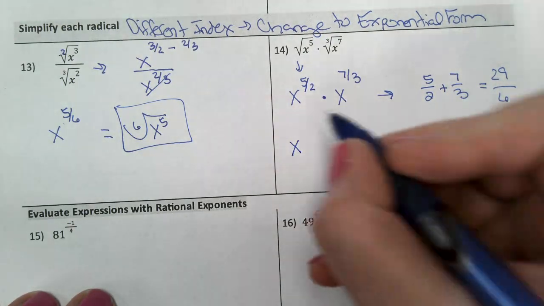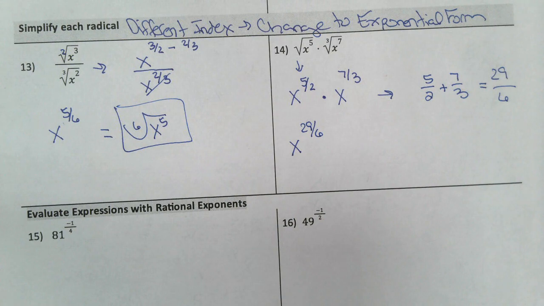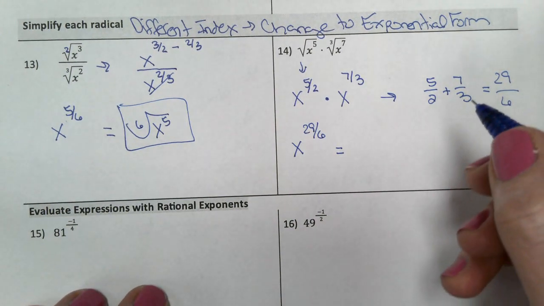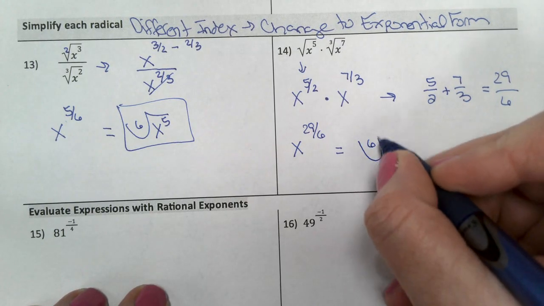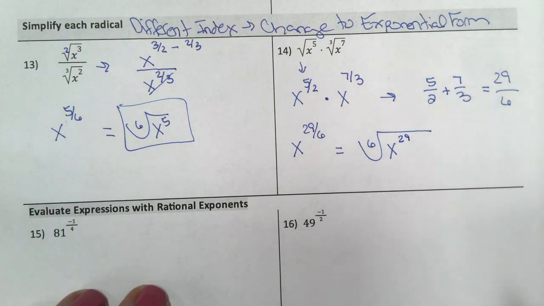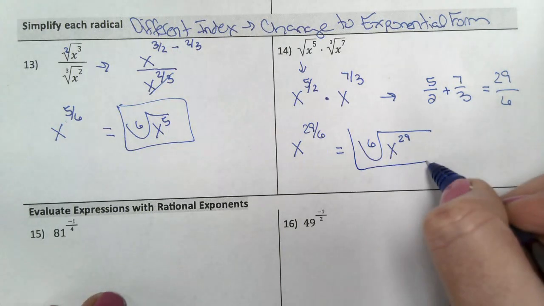So I have x to the 29/6. And I need to put that back in radical form. And so that is the 6th root of x to the 29th. And I'm going to leave that alone.